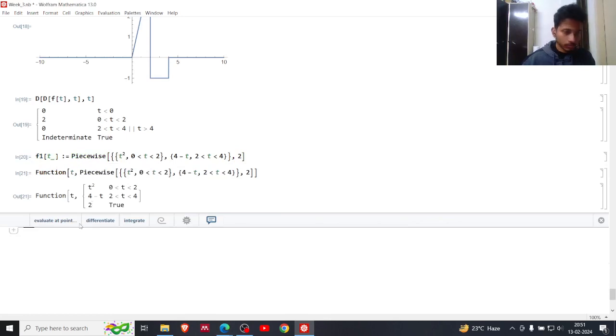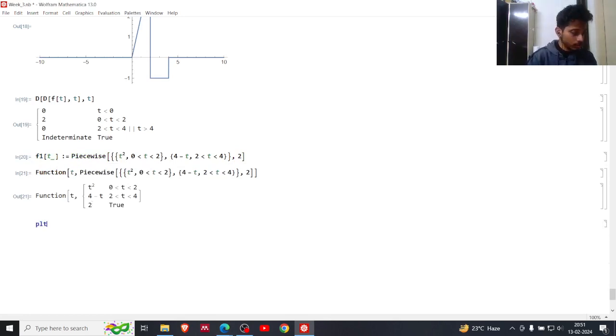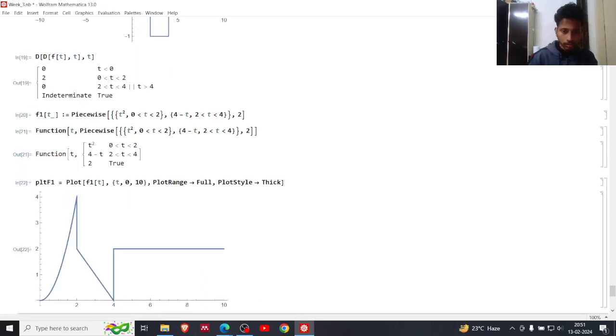Now we'll plot f1 of t, comma 0, 10, plot range full, plot everything.